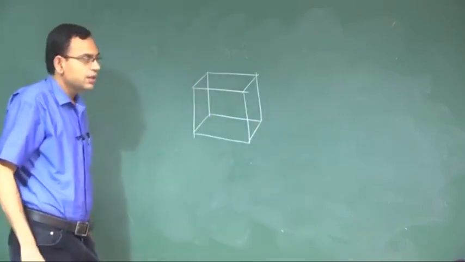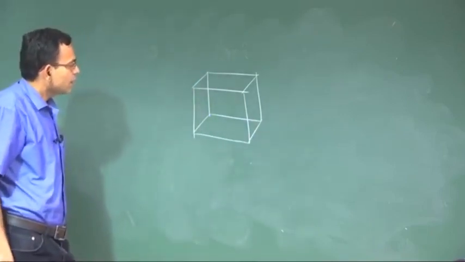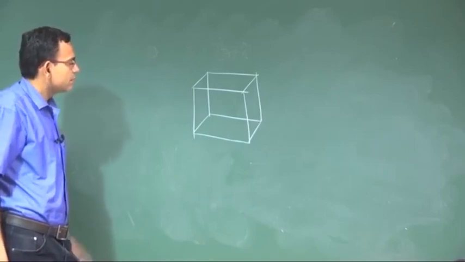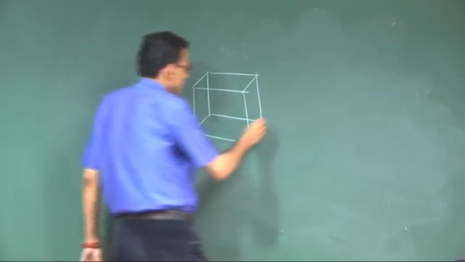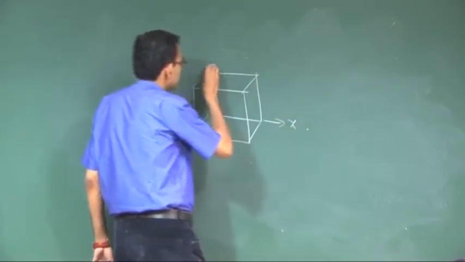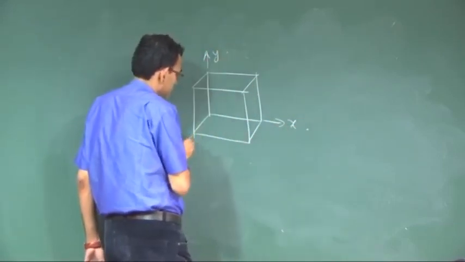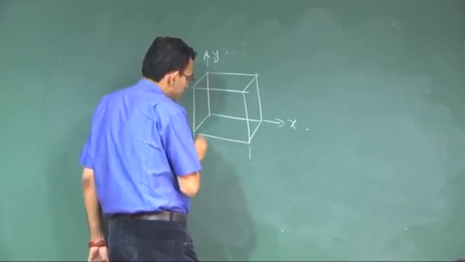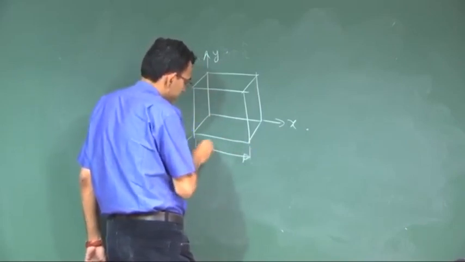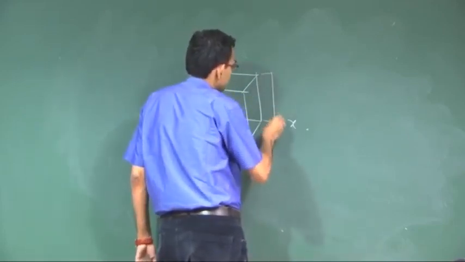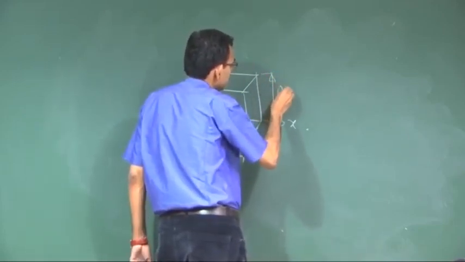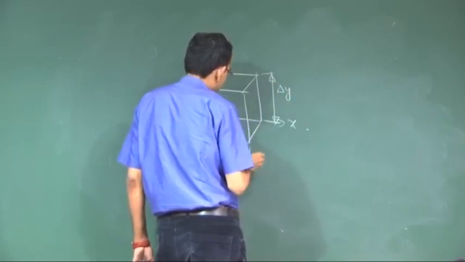So with that understanding, let us assume that you have a rectangular volume like this with the dimensions delta x, delta y and delta z.